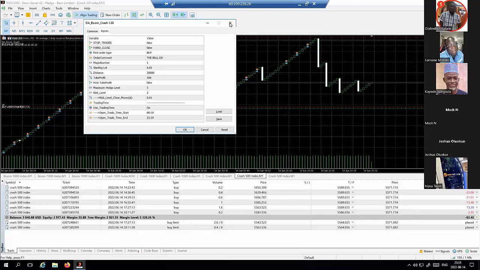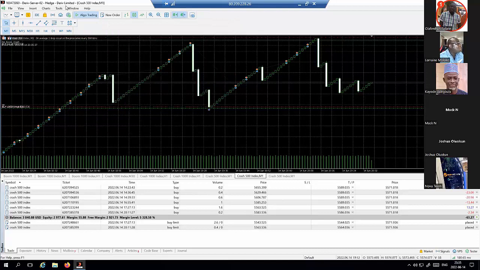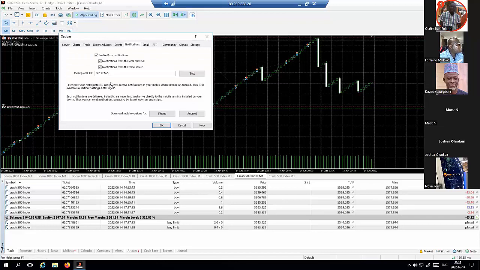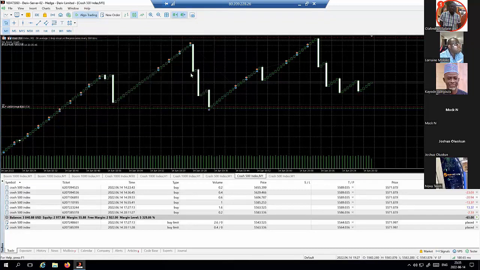Though I check my phone, because you can send alerts from your server, because this is a server. I think I did a lecture on it last week. You can see all these settings. Anytime this software buys or sells, you get an alert on your mobile phone.